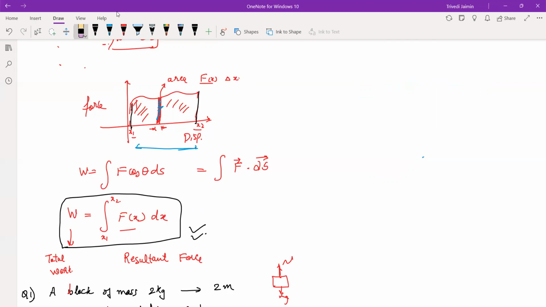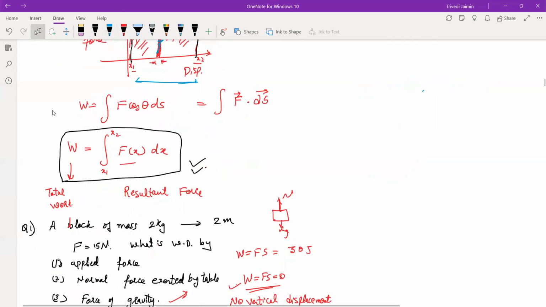So F is a function of x, F of x dx, where we're taking a small distance. Here W is the total work done, and F is the resultant force, the force which we applied and it moved, which gives the result.